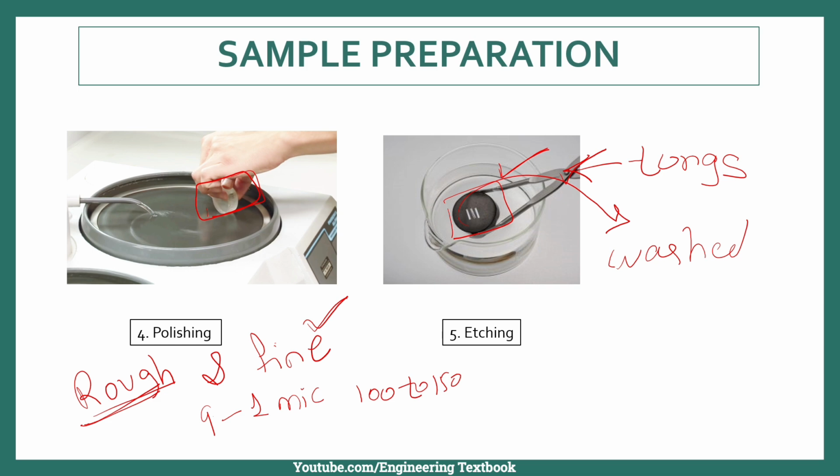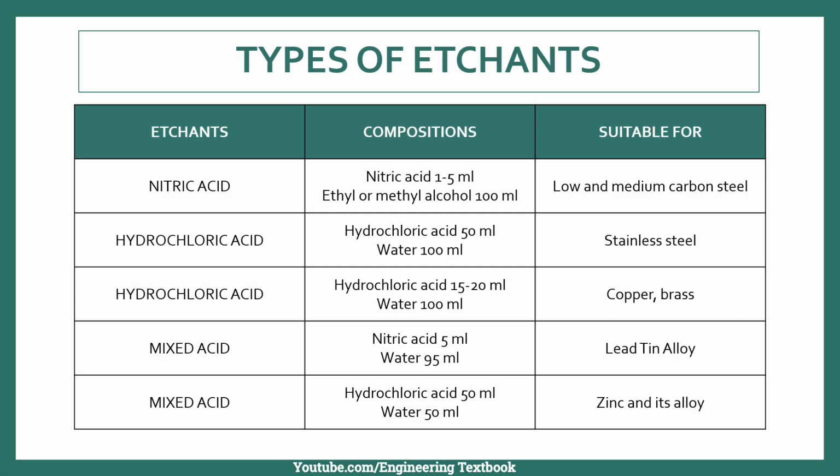For etching, we have a number of etchants in our syllabus. Let's see the types of etchants now. As you see in the table, these are the types of etchants. First, nitric acid: a composition of nitric acid 1 to 5 ml and ethyl or methyl alcohol 100 ml, suitable for low or medium carbon steel.